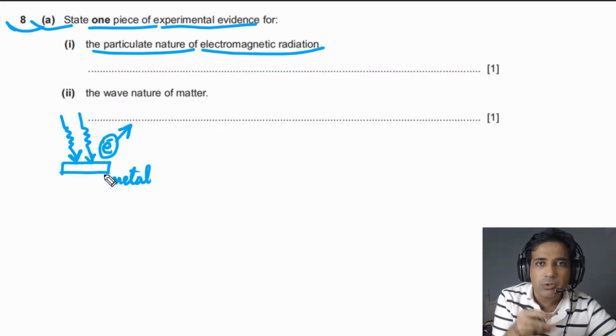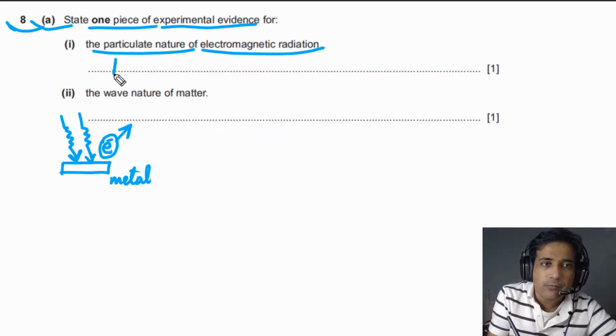This emission of photoelectrons can only be explained if we use the particle nature of EM radiation. This cannot be explained based on the wave nature of EM radiation.